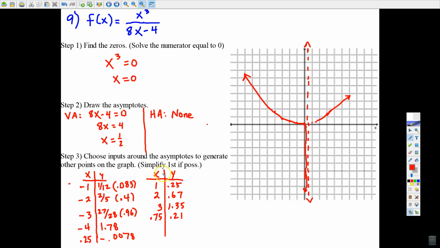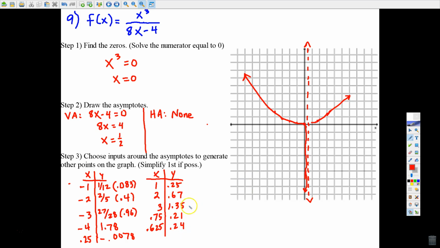Okay, so let me back this off for just a minute. Alright, so we've already established that 1 is 0.25, and as we move closer and closer to this vertical asymptote, as we chose 0.75, which is 3/4, we got 0.21. Okay, let's go a little bit closer, and let's do 0.625. That's just another way of saying 5/8. And if we do that, we're going to get 0.24.